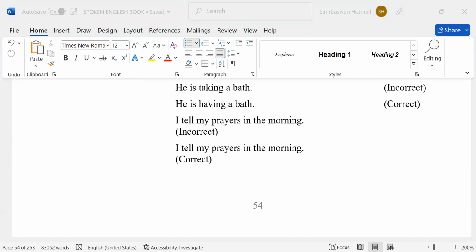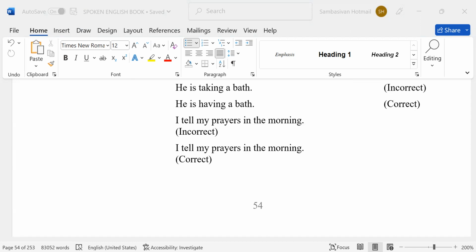"Only" should be placed before the word it qualifies. Here it should be "I say my prayers in the morning" is correct.